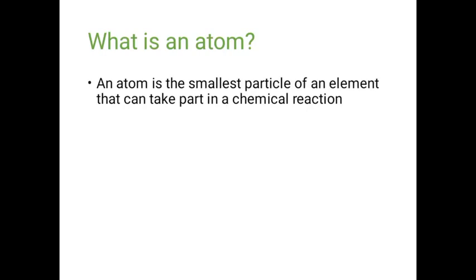Then we looked at matter, and most importantly, we were able to look at the particles of matter. And one of those particles of matter, we find that one of them was an atom.